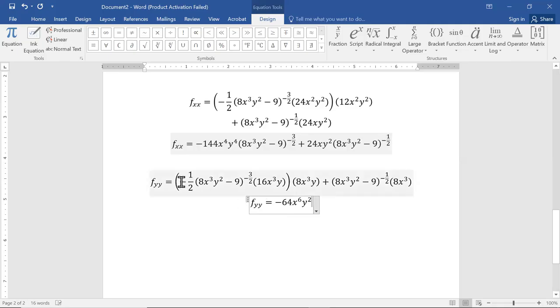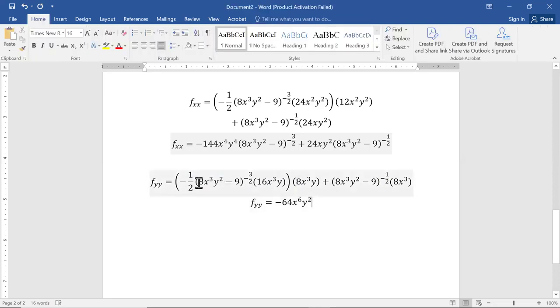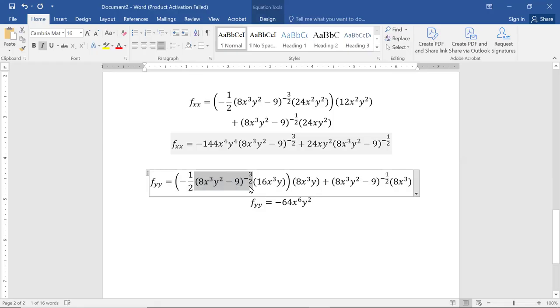Again, I'm multiplying the negative 1/2 times this piece, which is raised to the 1st power, times this piece, which is raised to the 1st power. And all of that then gets multiplied by this messy component.